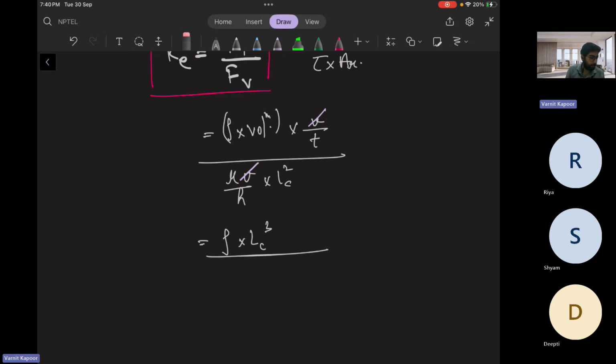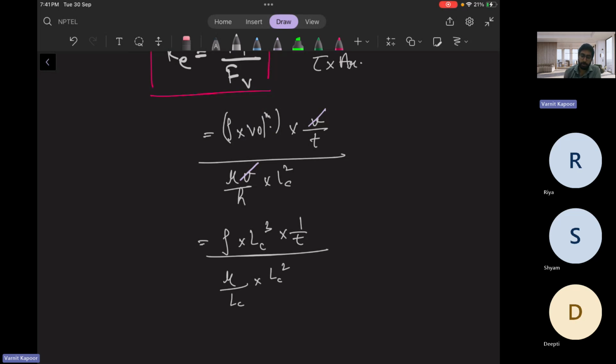LC is my characteristic length, volume is LC cube, area is LC square. Tell me, shear stress is nothing but mu V by H, shear force is shear stress into area, that is LC square.